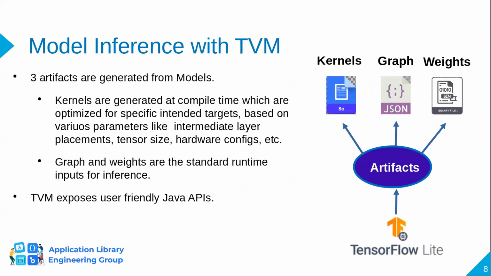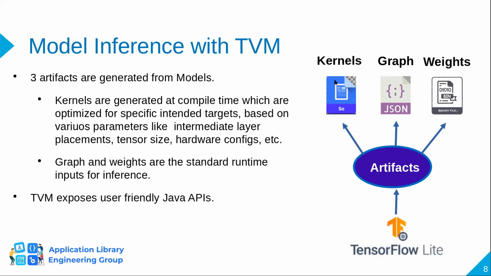There are basically three artifacts generated by TVM. As you can see in the diagram, if you have a TensorFlow-like model and compile it through TVM, TVM will generate three artifacts.